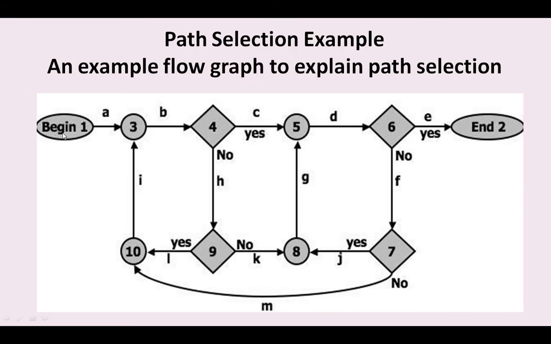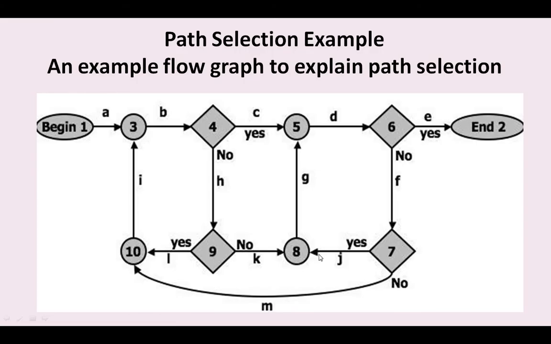It has one node called the begin node, and nodes 4, 6, 9, 7 are the decisions, and begin is one node, end is one node, and 3, 5, 10, 8 are the normal nodes, whereas 4, 6, 9, 7 are the decision nodes. And all these nodes are connected with a set of links like A, B, C, D, E. These links are named with letters, and the branches are also termed as the yes branch as well as the no branch.